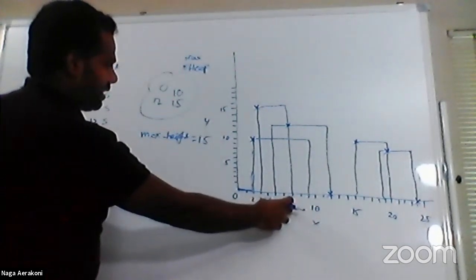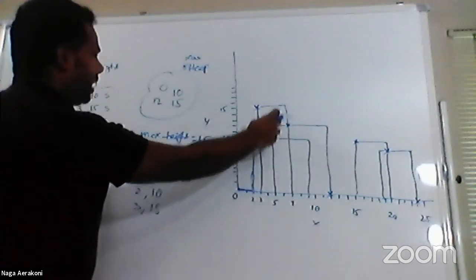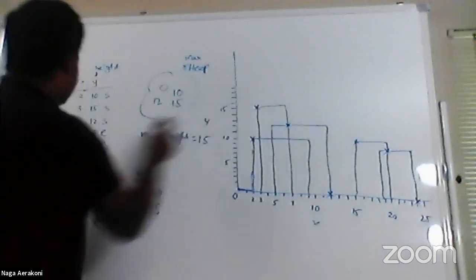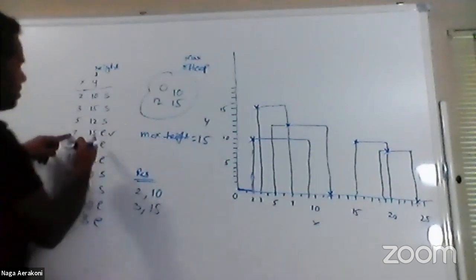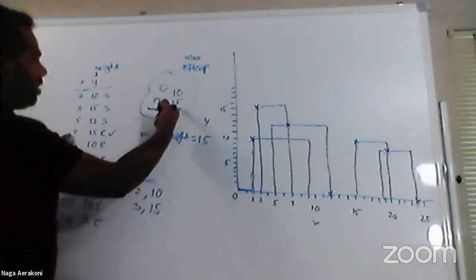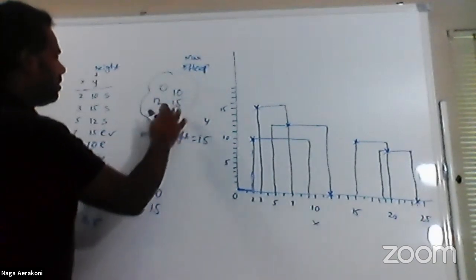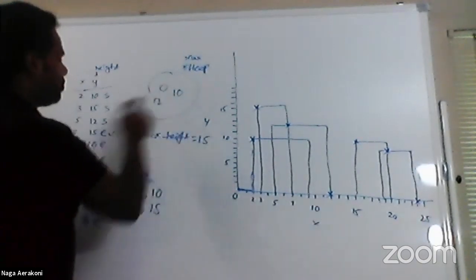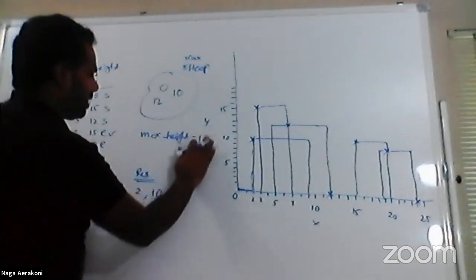The next one is 7 and 15. This is the end point. So for the end, since I'm removing this 15, if you remove 15, what is the max one? The max one became 12.